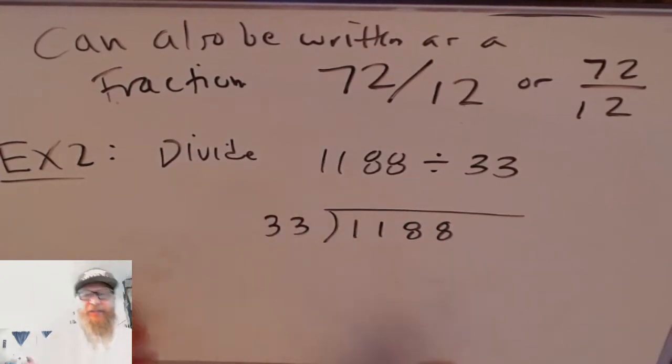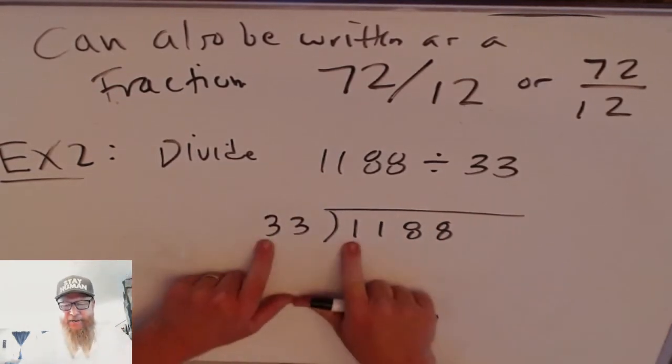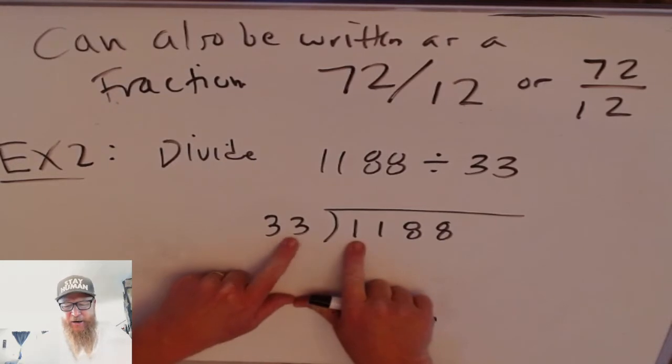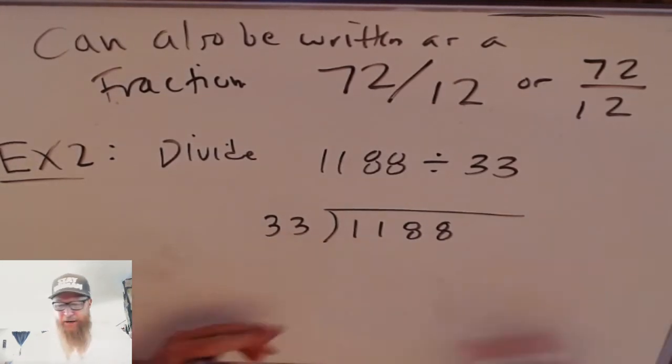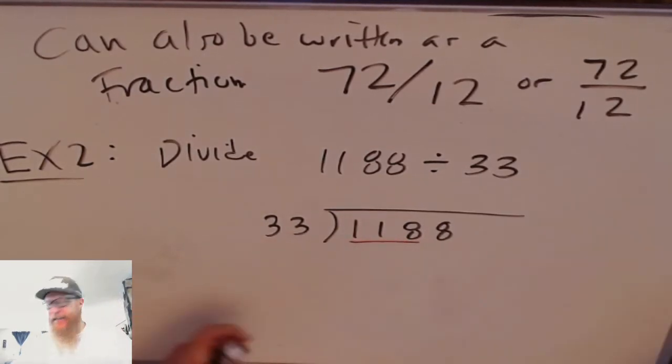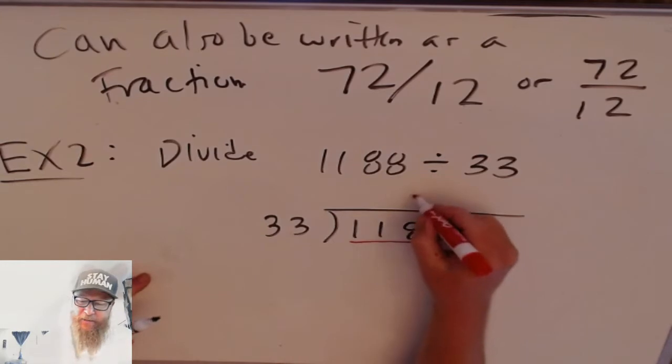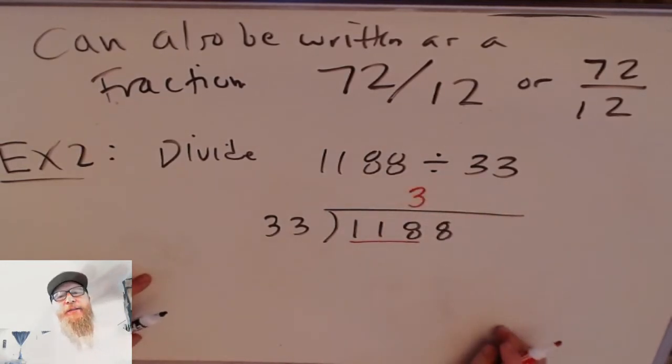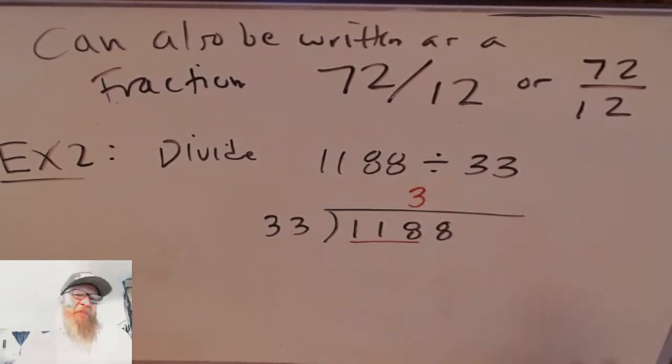The divisor is 33. And then you're going to guess. Does 33 go into 11? No. Does 33 go into 118? Just take a guess. About 3 times. That's just my first guess.